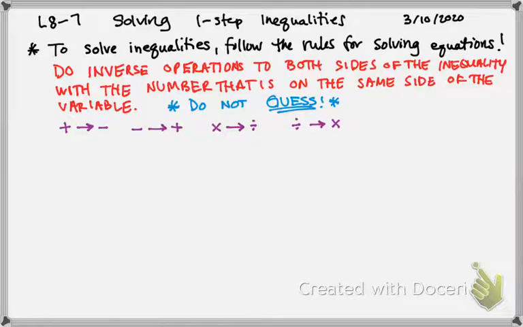We're going to look at 4 different problems. X plus 2 is greater than 5. X minus 3 is less than or equal to 7. Actually, I'm going to go to the next screen, because we're going to solve these problems but talk about the steps one at a time.